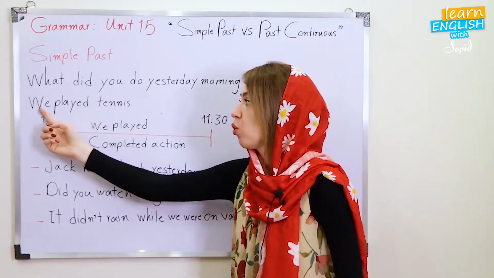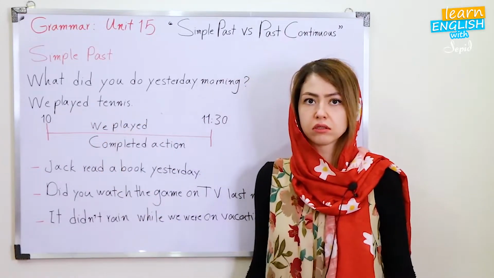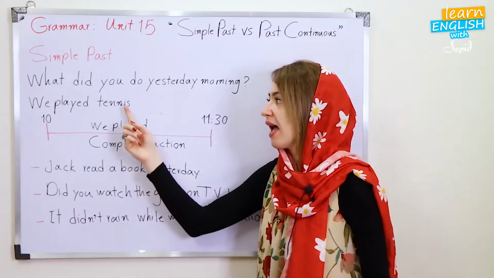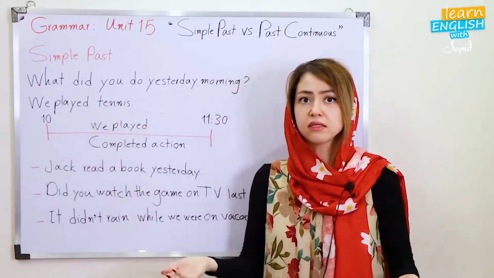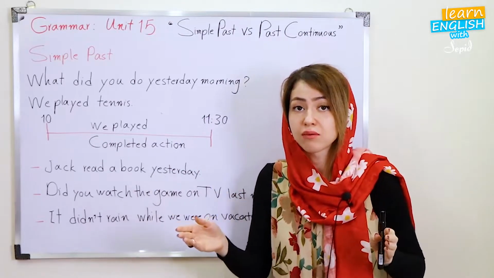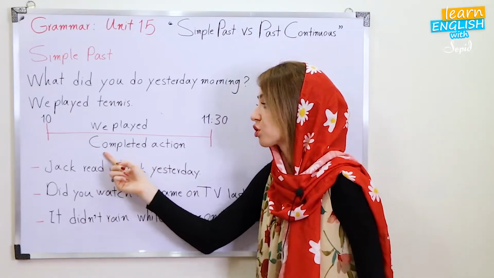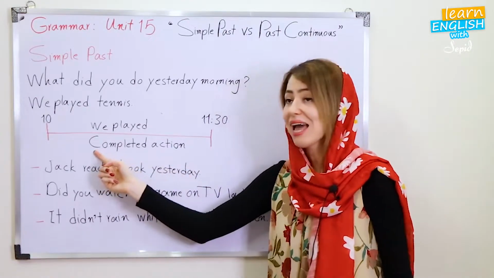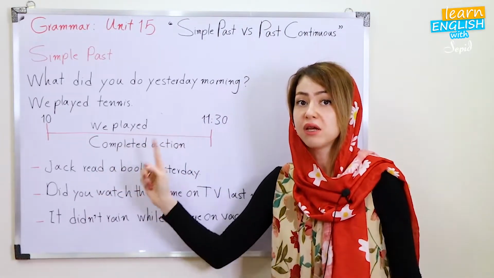Here it says, we played tennis. That action is important and the period of time that you did it is not really important, because we are talking about a completed action within a period of time.